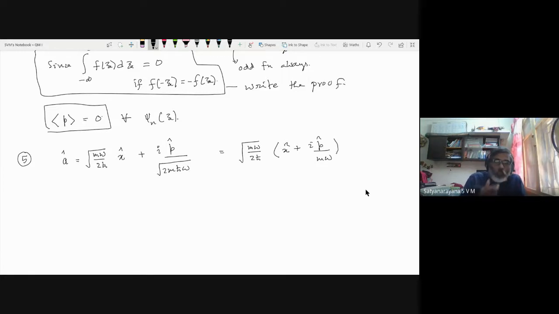Okay, and a dagger is simply the adjoint of this one. So a dagger is equal to the square root of m omega by 2 h bar into x minus ip divided by m omega.